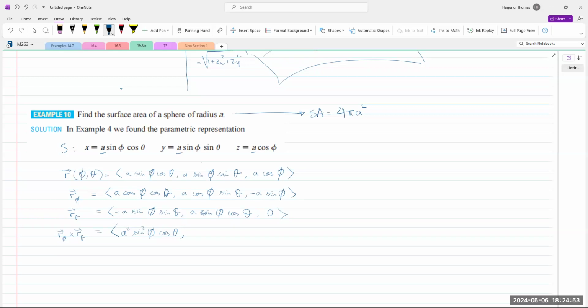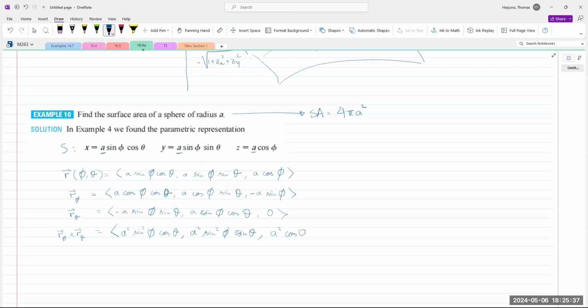Okay, the y component will be this guy times this, which is 0, minus this guy times this, right? But we need to take the opposite because that's the second component. So that will be a squared sine squared phi sine theta.